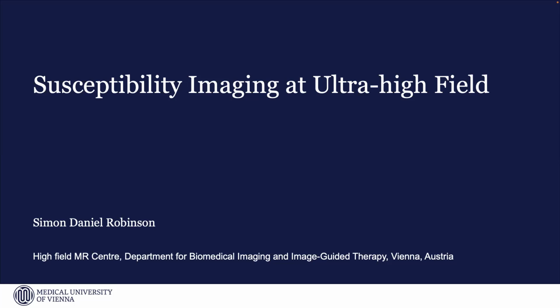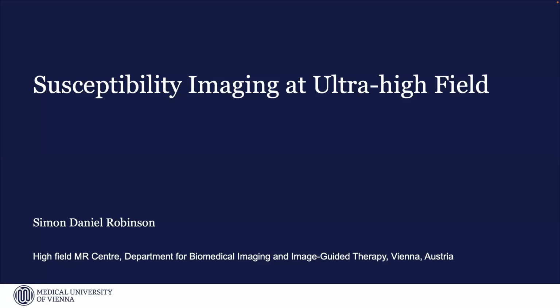So I think if you didn't read the abstract for this talk, which of course I'll forgive you for, then you may not know what to expect by susceptibility imaging, because susceptibility imaging isn't really the title of an MR method. You'll probably know susceptibility imaging from susceptibility-weighted imaging or quantitative susceptibility mapping.